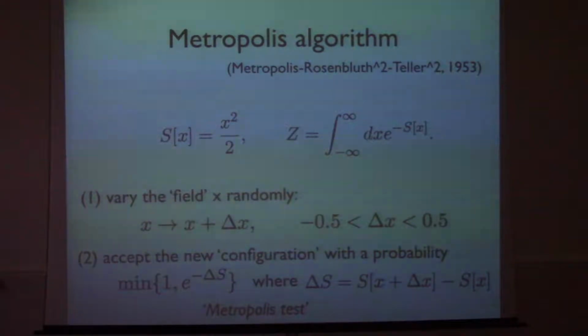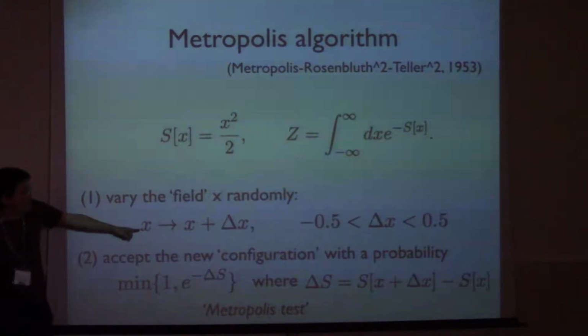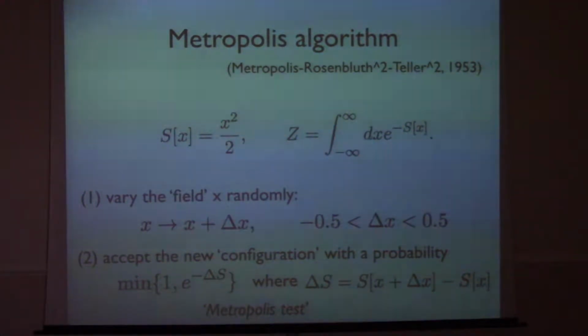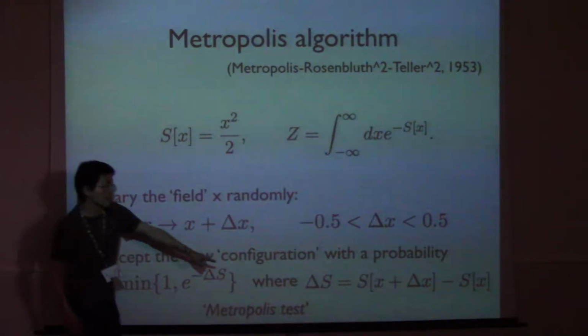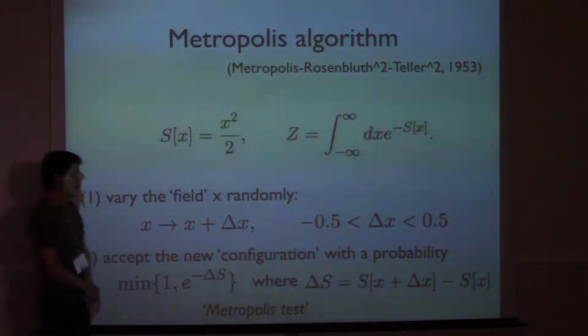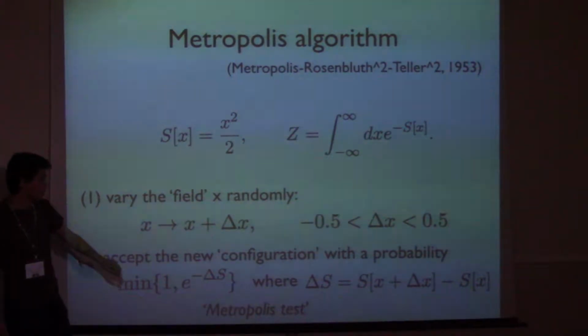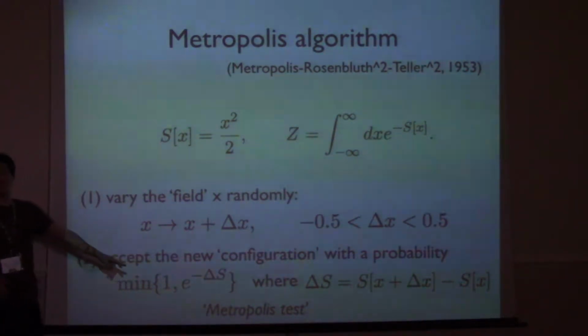And then we try to vary it randomly. However, we accept the change with this probability. Here, delta S is the difference of the action. So if the action becomes smaller, delta S is negative, and exponential minus delta S is bigger than 1.